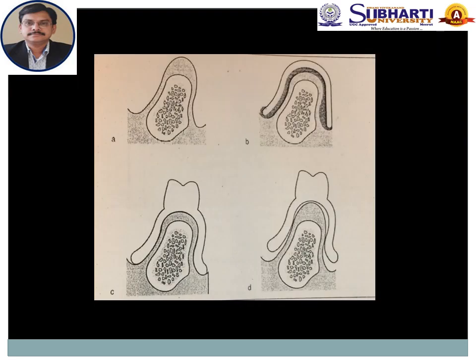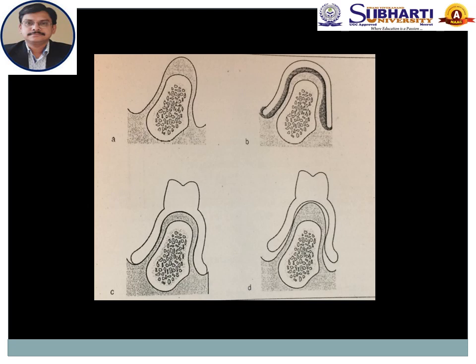For example, here in photograph A, there is mucosa which may get compressed up to 2 millimeter on functional force. So during impression making only, we will compress that mucosa up to 2 millimeter, so that further on functional force it will not get compressed, and we'll make an impression in compressed form.